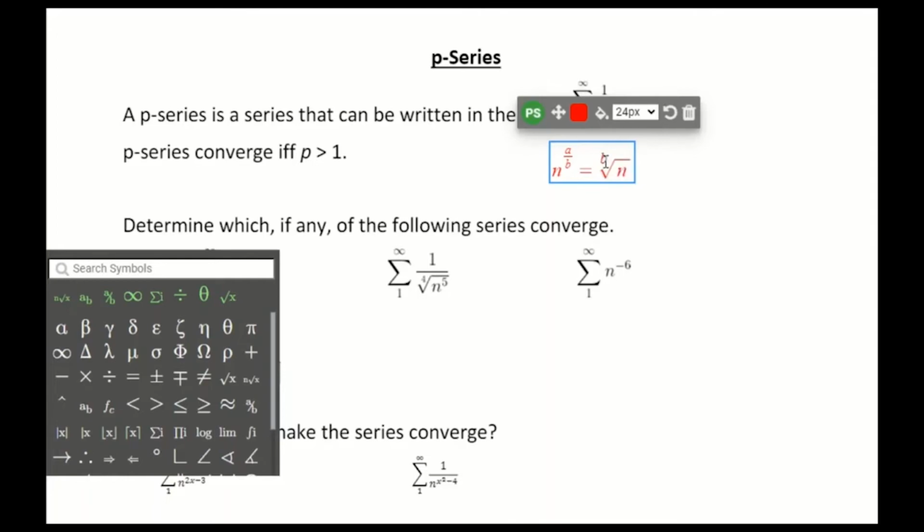The a can either be on the inside or the outside of the radical, that doesn't matter. I'll just throw it on the inside, but it could be on the outside.